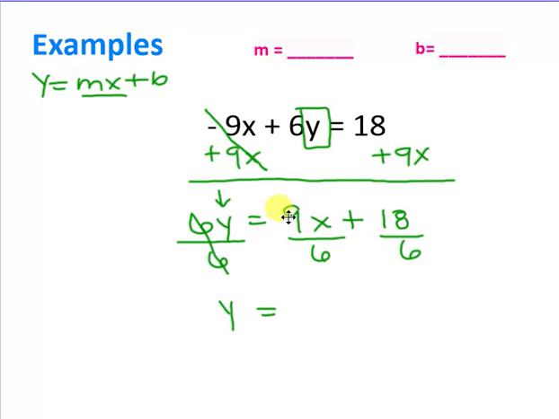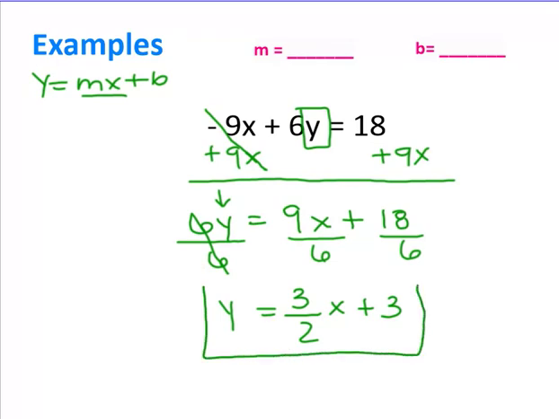Y equals 9 over 6 is going to simplify into 3 over 2x, plus 18 over 6 is 3. And that's my final answer. My slope is 3 over 2, and my y-intercept is 3.